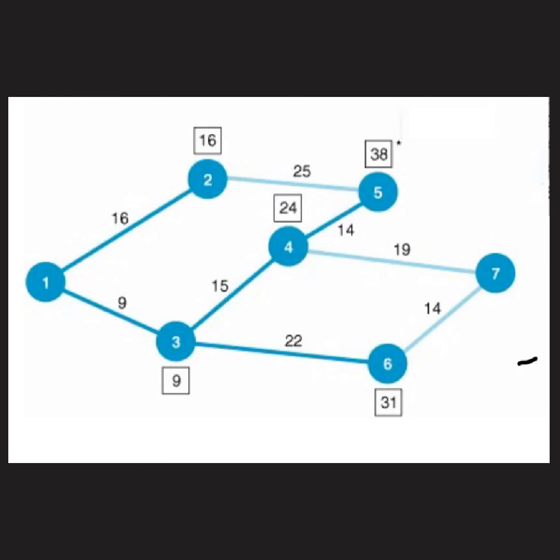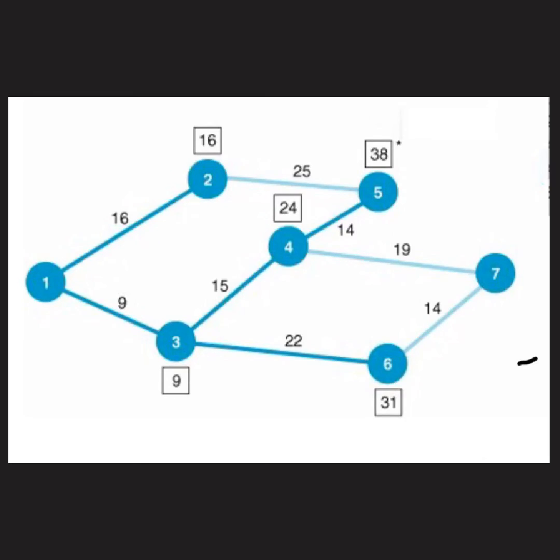Of the branches leading to nodes 5, 6, and 7, branch 36 has the shortest cumulative time, which is 31 hours. So node 6 is added to our permanent set. This means that we have now found the shortest routes to nodes 1, 2, 3, 4, and 6.